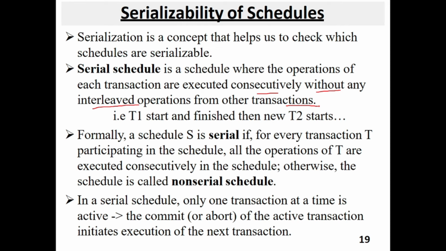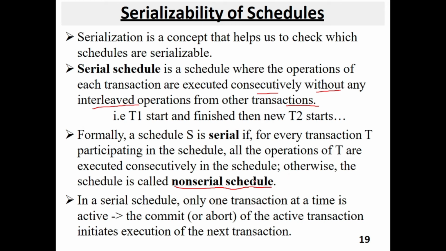Otherwise, it is not serial. In order to call it a serial schedule, the currently running transaction should finish before another transaction starts. If another transaction starts before the first one finishes, it is not a serial schedule.